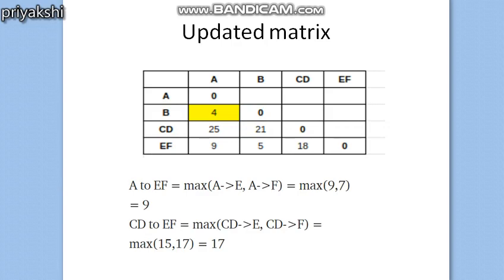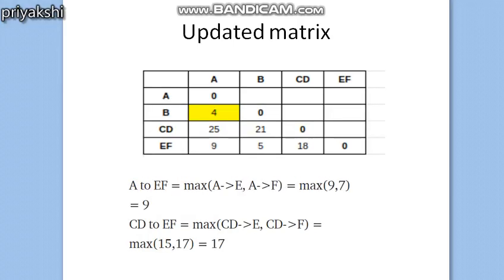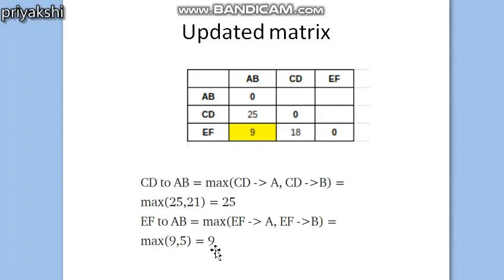So the maximum distance is 25, so we will put 25 here. Next, to find the distance from EF to AB, we take the maximum distance from A to EF and B to EF. A to EF is 9 and B to EF is 5. So ultimately the maximum distance will be 9. So this is the updated matrix.